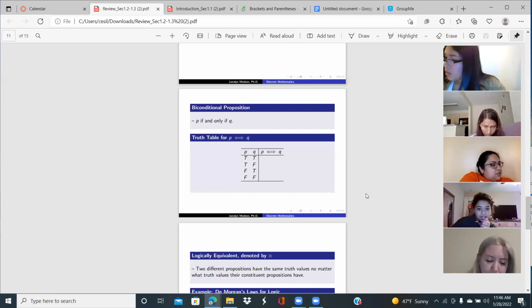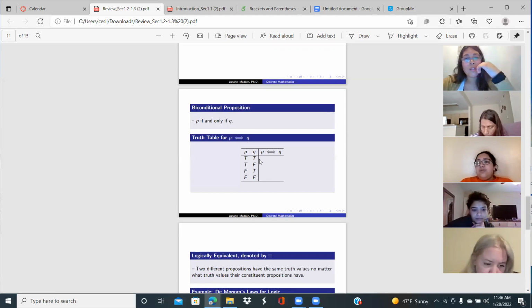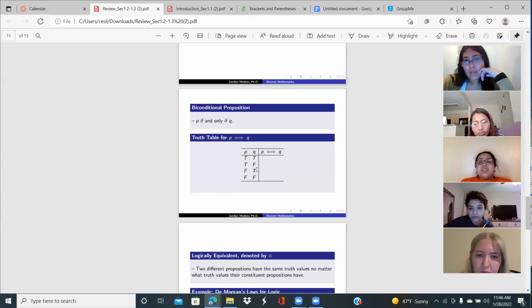Okay, I found it in the book. It looks like it's true when the conditions are the same. So if they're both true or they're both false, it's going to be a true statement. But if one is true and the other is false, it's going to be a false statement.